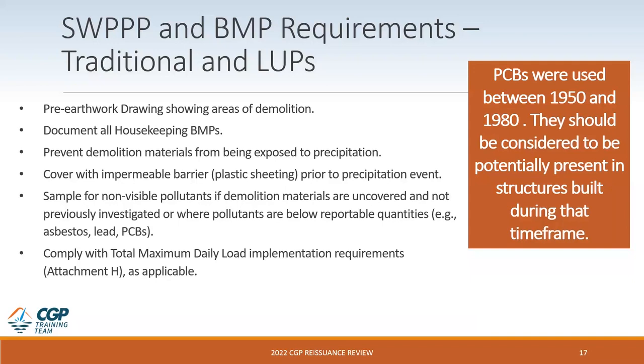Make sure to cover demolished materials with impermeable barriers, such as plastic sheeting, prior to a precipitation event. QSPs and QSP designees must sample for non-visible pollutants if demolition materials are left uncovered. Lastly, make sure the site complies with TMDL requirements found in Attachment H of the Construction General Permit.